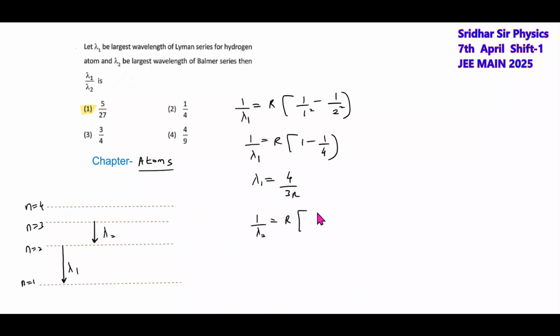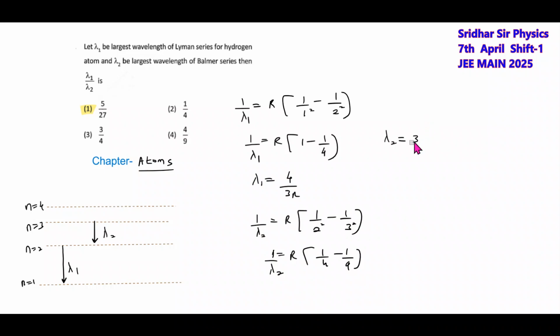Lambda 2 equal to 1 by 2 square minus 1 by 3 square. 9 minus 4, 5. 4 into 9 is 36.